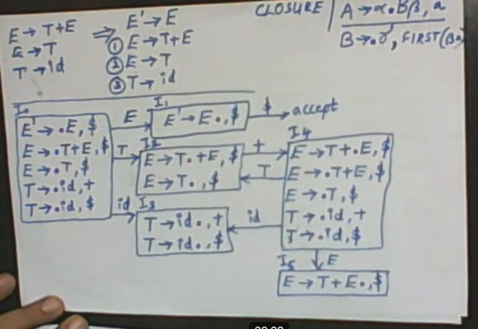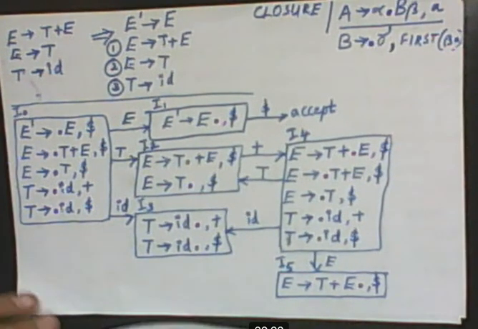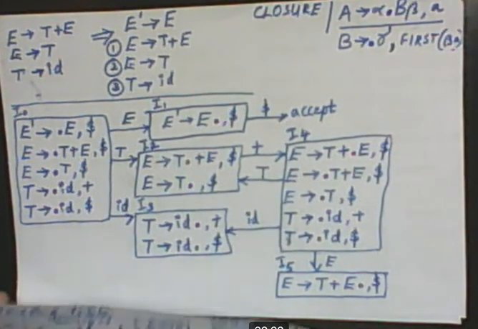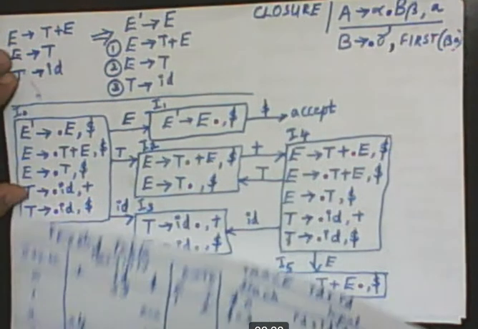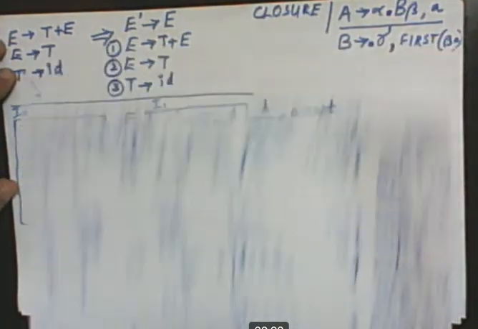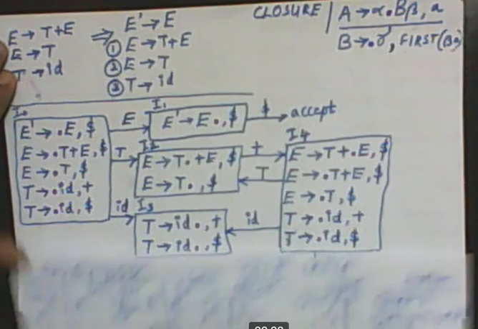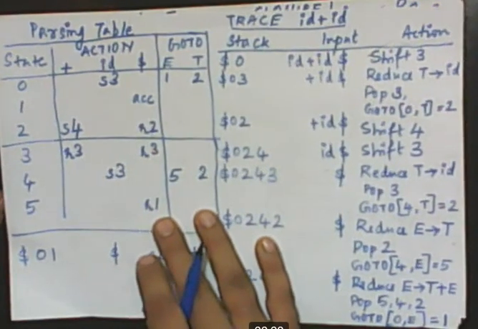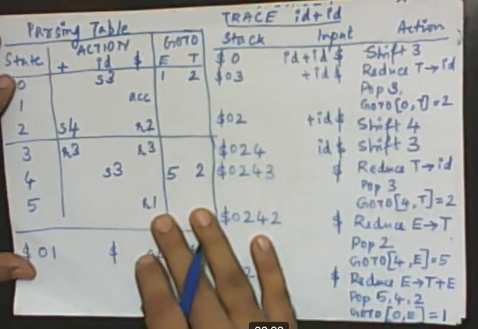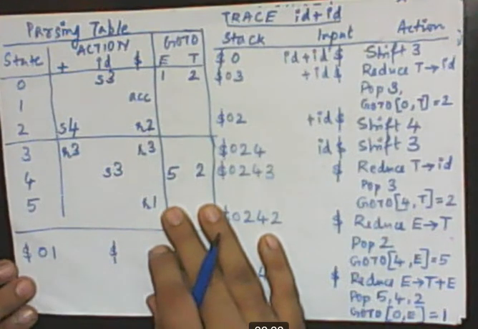If you remember, in SLR1 you considered the follow of that particular non-terminal on the left hand side of the production that you are considering for reduction. So there it was follow, here it is this look ahead. So this is actually considered to be stricter compared to SLR and LR0.